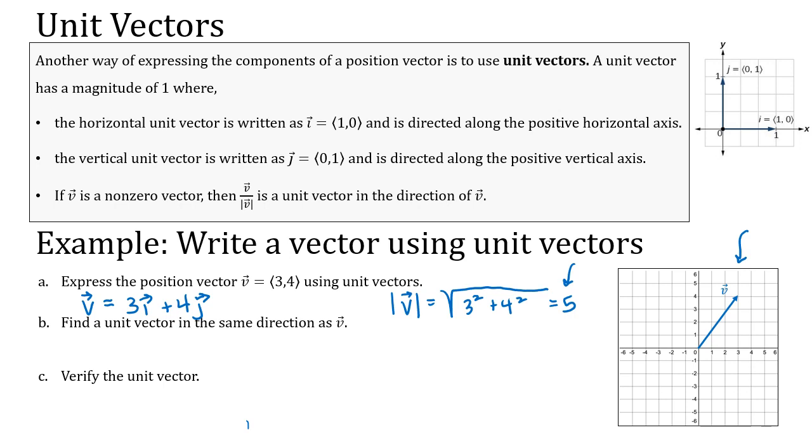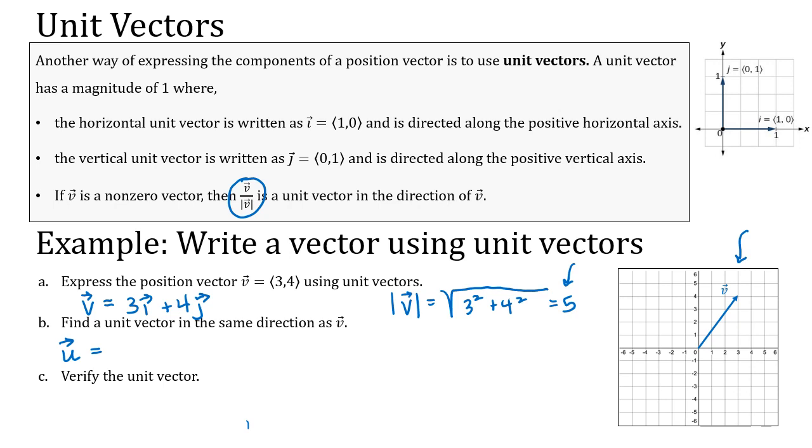So what we want to do is come up with some unit vector that is in the same direction as this vector v. And the way that we do that is by doing this division, okay? Now, sometimes you will see unit vectors written as a u with a vector over it, and that implies that we have a unit vector. So let's go ahead and use that.